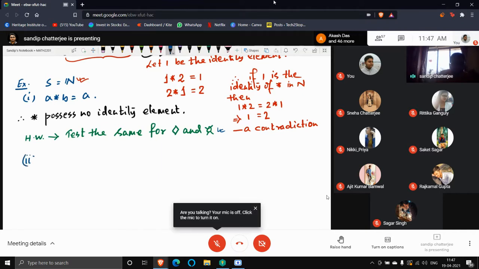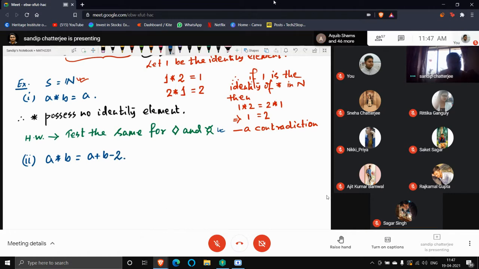Now I am defining another binary operation. Say A star B is equal to, I am defining as, A plus B minus 2, where A, B belong to the set of integers Z. This Z means the set of integers.